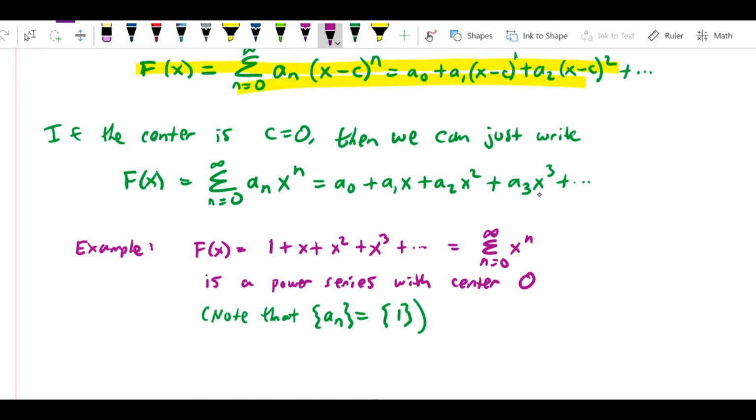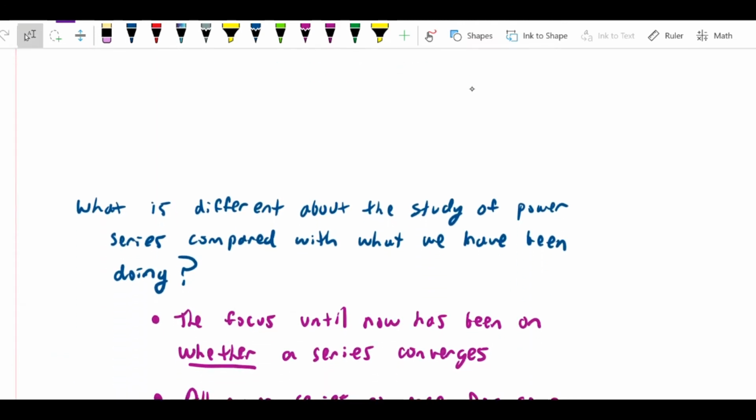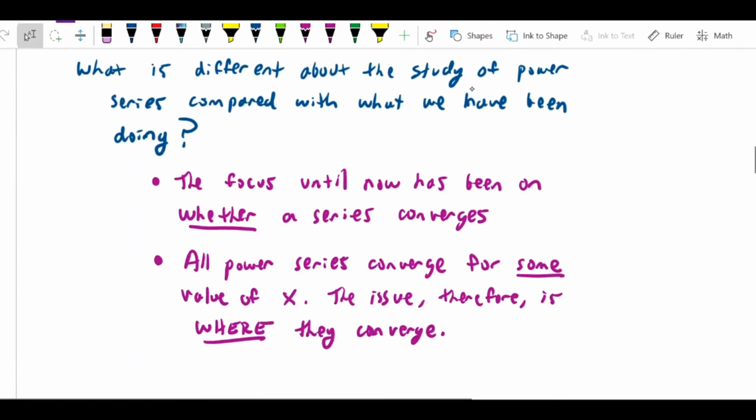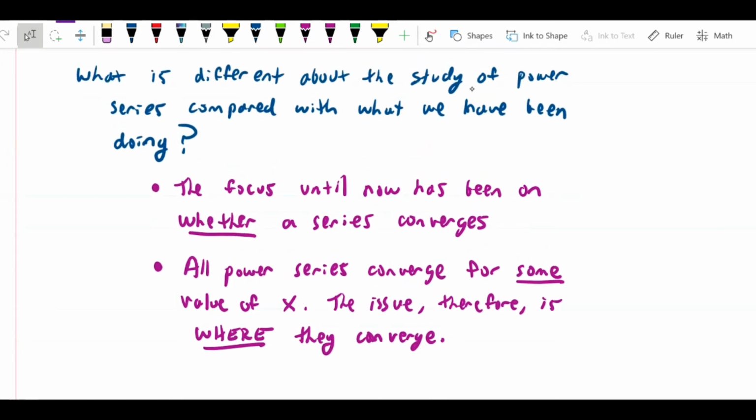So if I plug in 0, all the other stuff disappears and the whole series just converges to its value a0, to its first value a0. That's why all series converge at the center. And you can see up here, I could do the same thing. If I plug in c, then all of the x minus c terms just become c minus c, or 0. So every power series is going to converge at its center at least, but the more interesting ones will converge someplace else. So that's what our study now shifts to, is where does a particular power series converge?